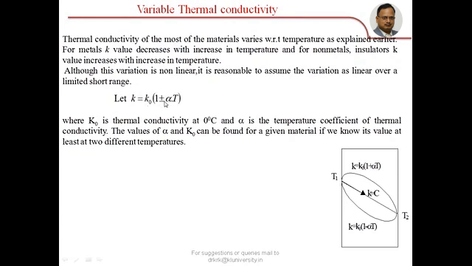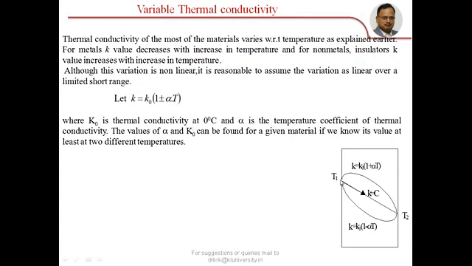So if you know the thermal conductivity at two different temperatures, you can find out K naught and alpha, which will give a complete insight into the variation of thermal conductivity of that particular material as a function of temperature.